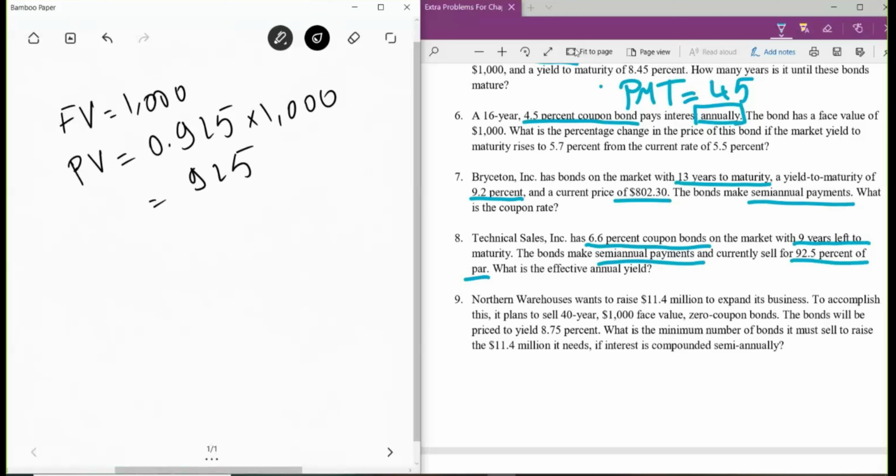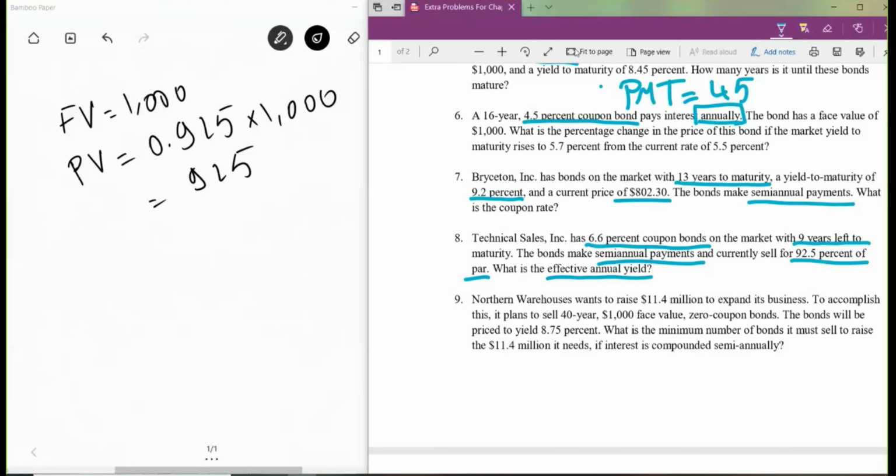Now, the effective annual yield, this is like the EAR, the effective annual rate.